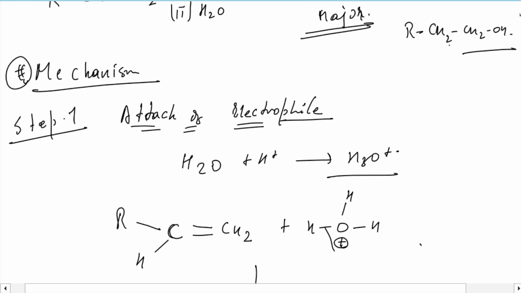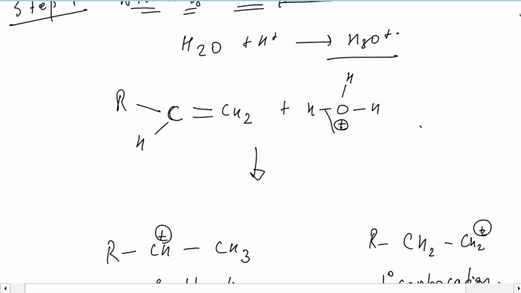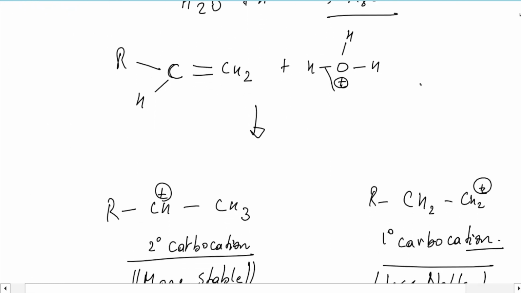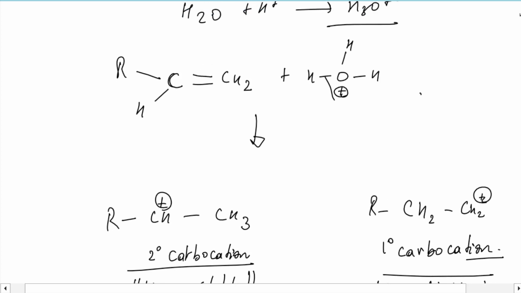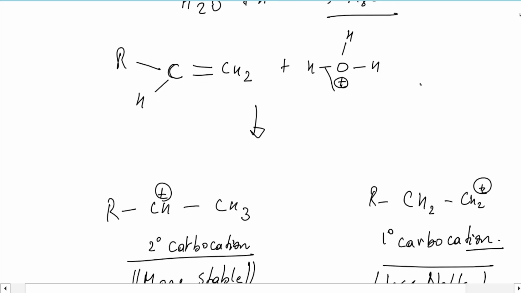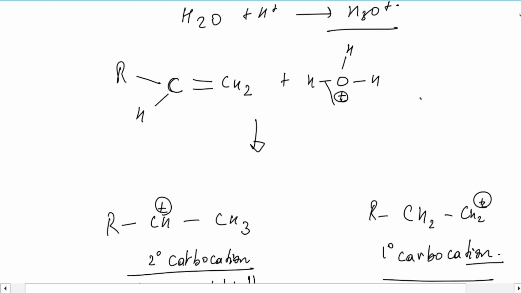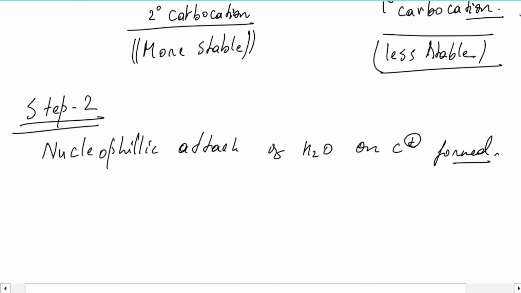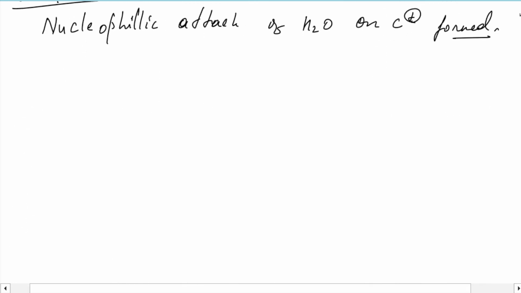So how the reaction is proceeding: the H3O positive is getting attracted by the pi electron cloud of the double bond, and hence it's forming the carbocation which is secondary in nature. Then step number 2 is nucleophilic attack of H2O on the carbocation formed.